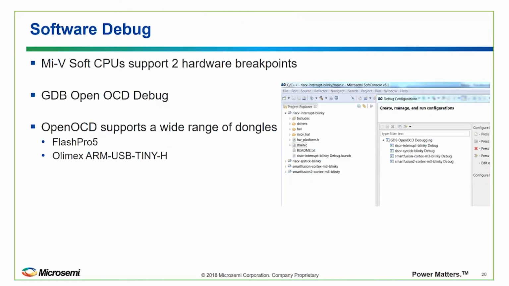And then for RISC-V firmware development, we have the SoftConsole tool set that I mentioned. So SoftConsole is the free firmware development package that you can get from Microsemi. We have a couple of different versions that support RISC-V. I'll show you those in a second. SoftConsole is free.